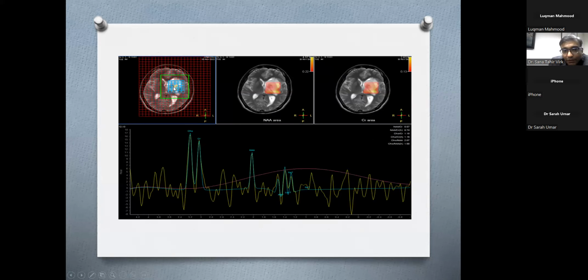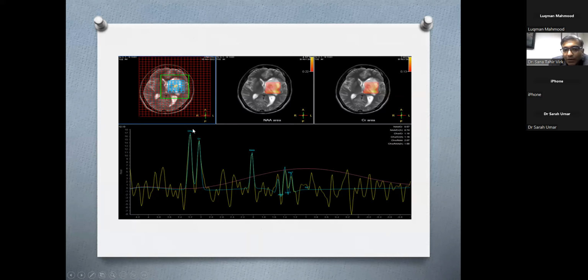The region of interest was applied to the lesion in the periventricular region on the left side, and this is the image pattern. We see the choline peak at 3.2 parts per million, then the creatine peak at 3 parts per million, then the NAA peak at approximately 2 parts per million, and then there is a subtle lipid lactate peak at 1.3 parts per million.